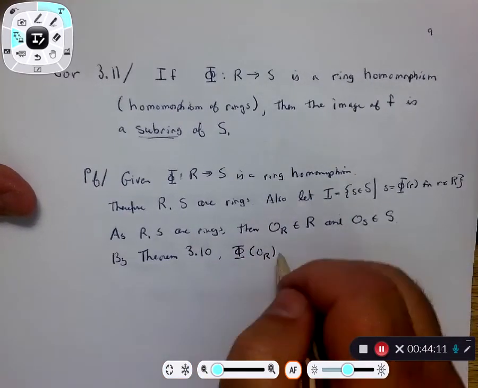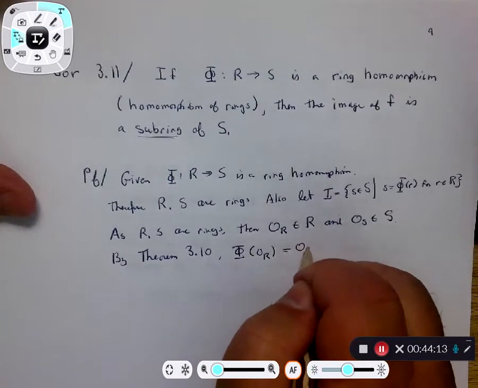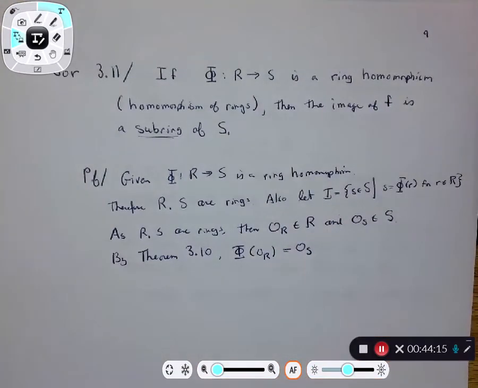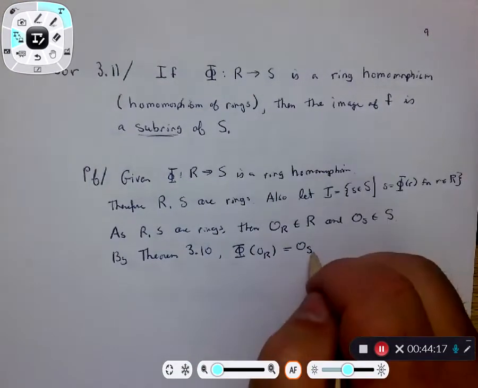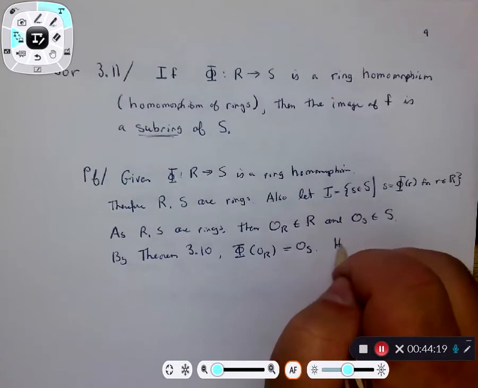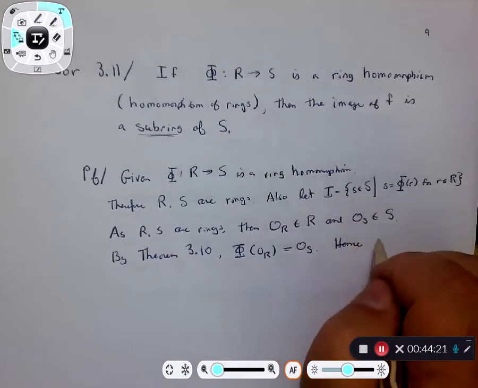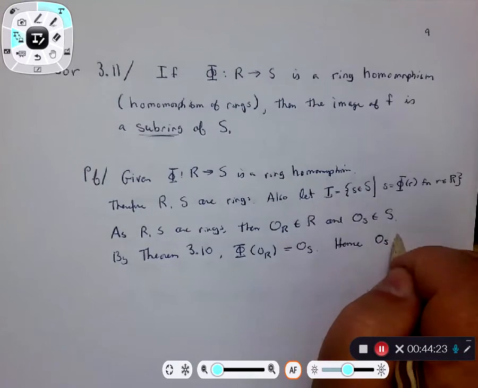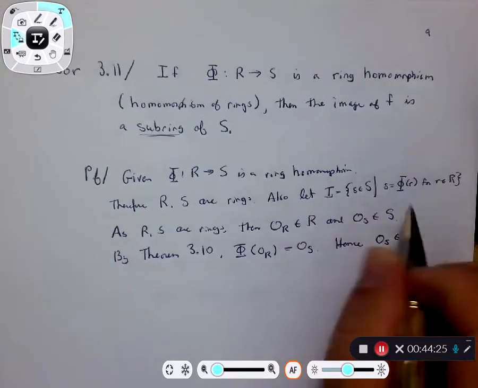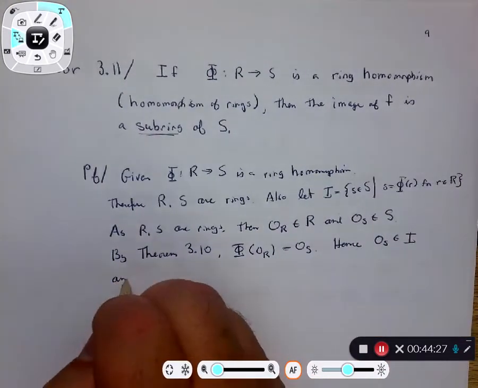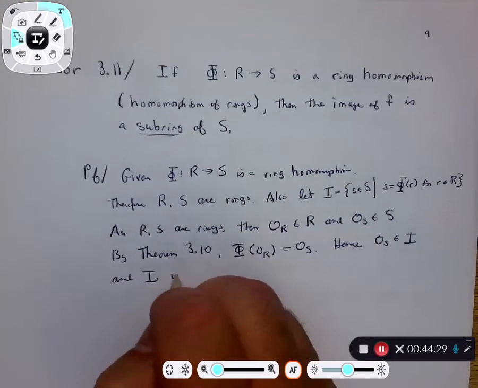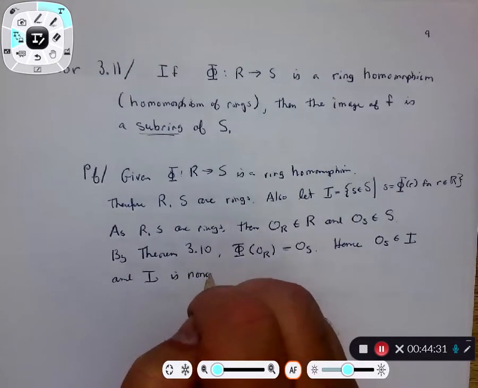So phi of 0R is equal to 0S. Hence, 0S is an element of I, and I is non-empty.